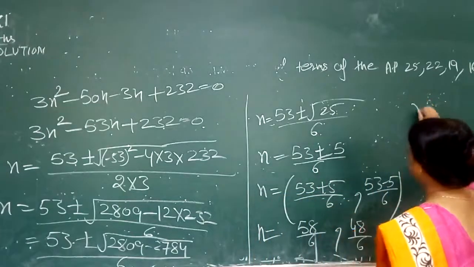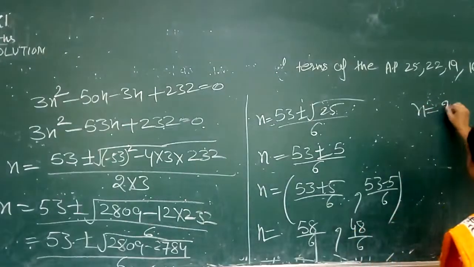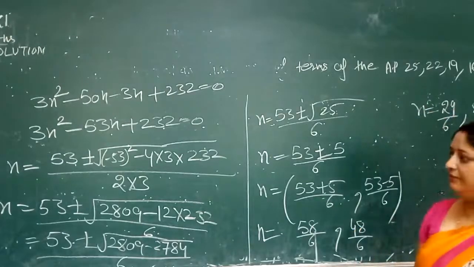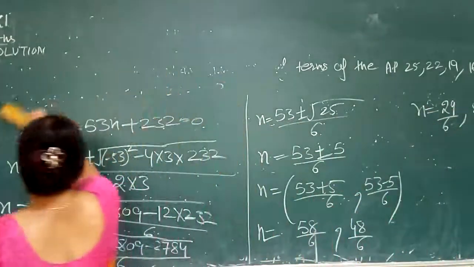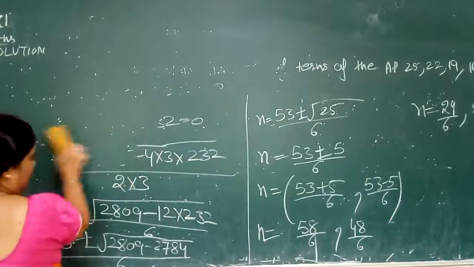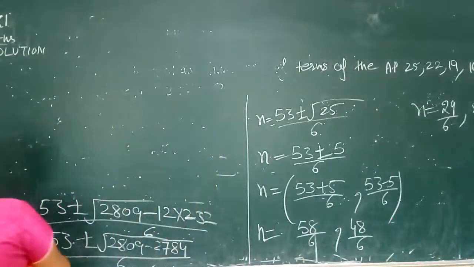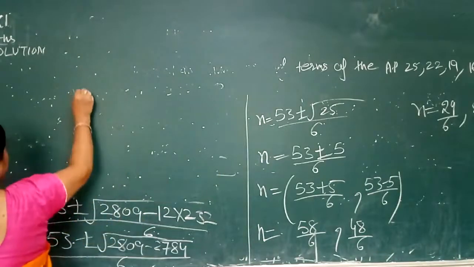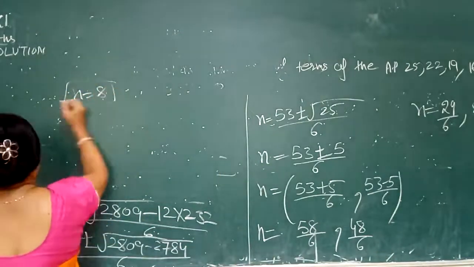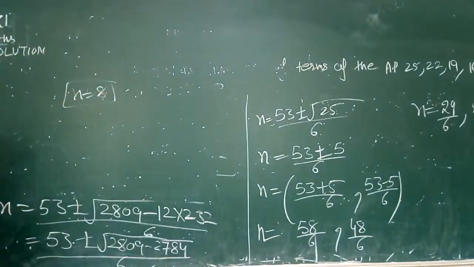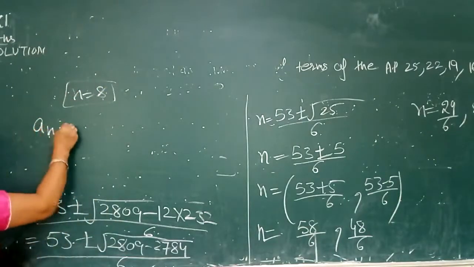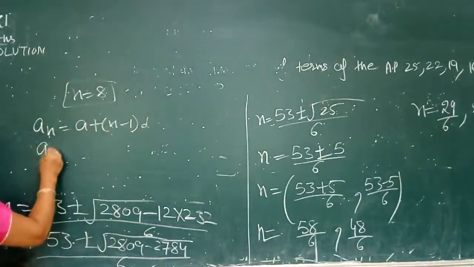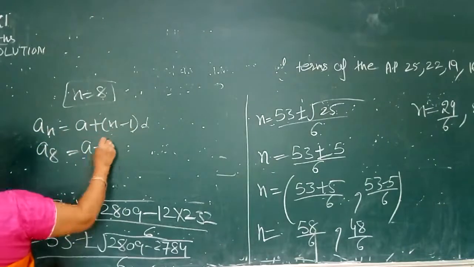So the value of n is coming here 29 upon 3 and 8. Now n is equal to 29 upon 3 is not possible, so what is the value of n? That is equal to 8. So we have to find out the last term. We know that the last term is a_n equal to a plus n minus 1 into d. So it will come a_8 equal to a plus 7d.